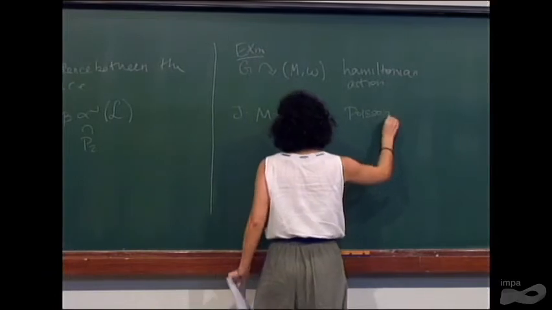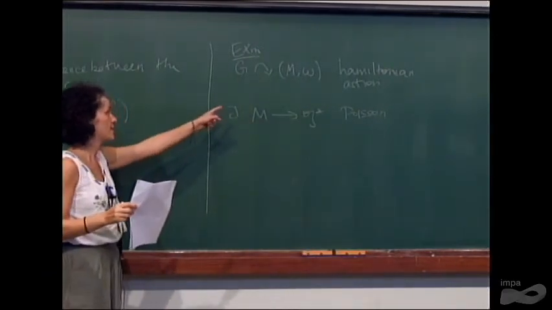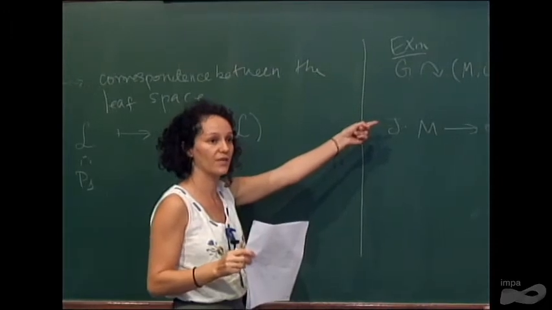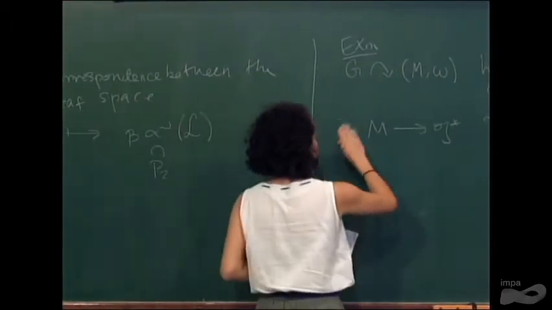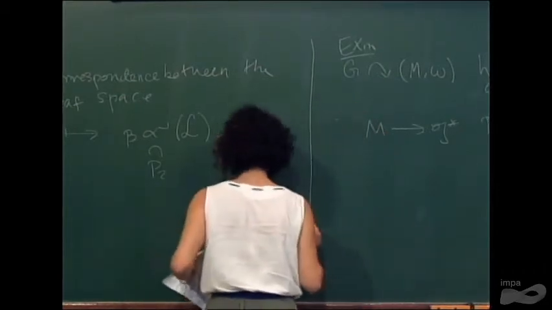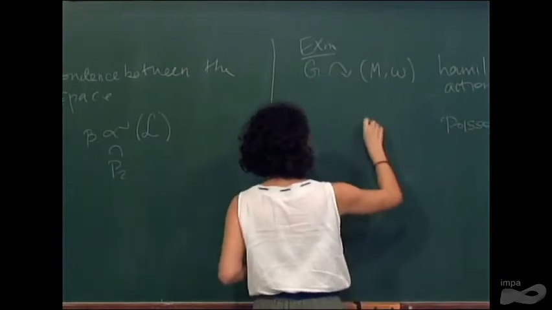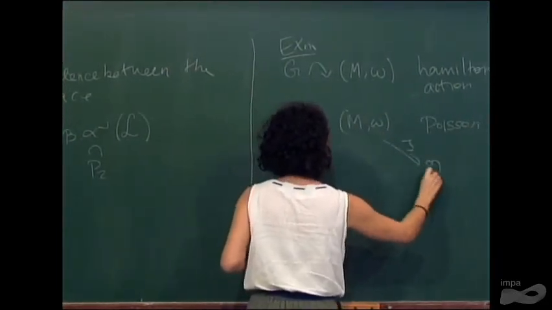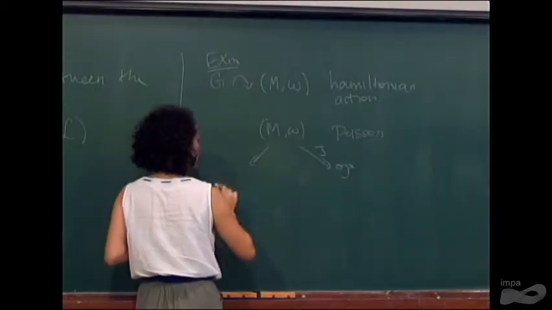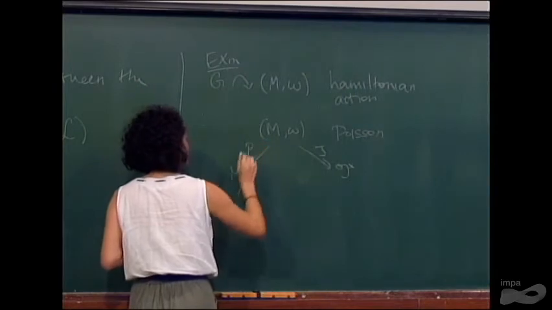But then you have this natural question: what happens with the quotient? So you actually have two maps, one from M to G star, and one going to the quotient, assuming that this is a manifold.